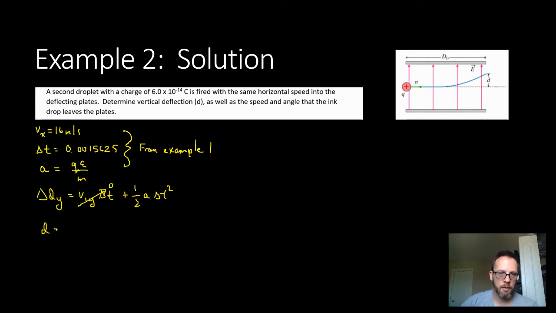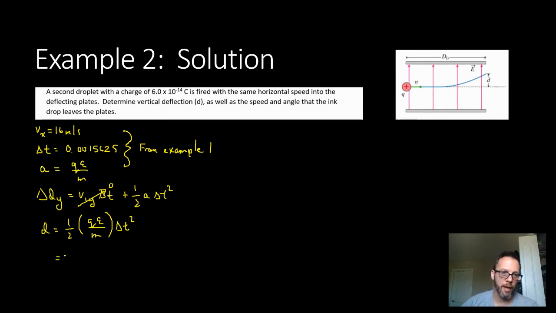So d equals 1/2, again replacing acceleration with q, and then delta t squared. So instead of solving for q in this one, we have q, and we want to calculate this vertical deflection.